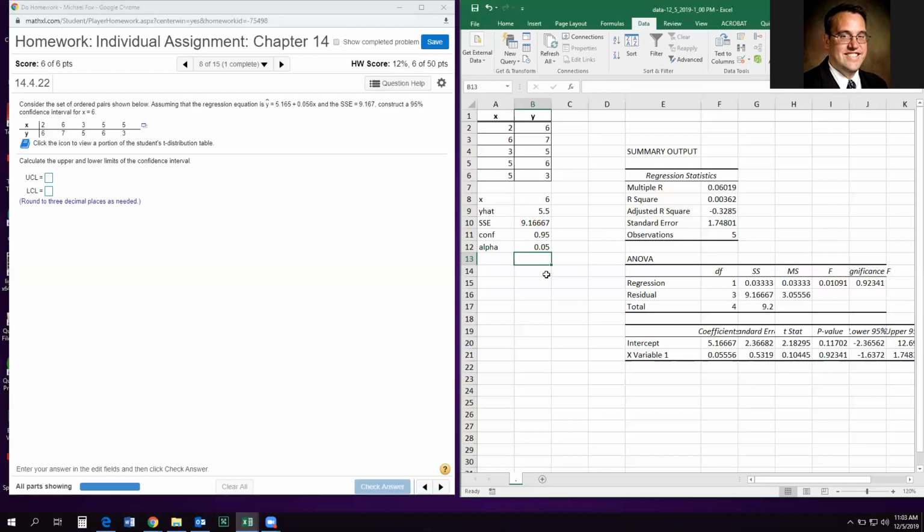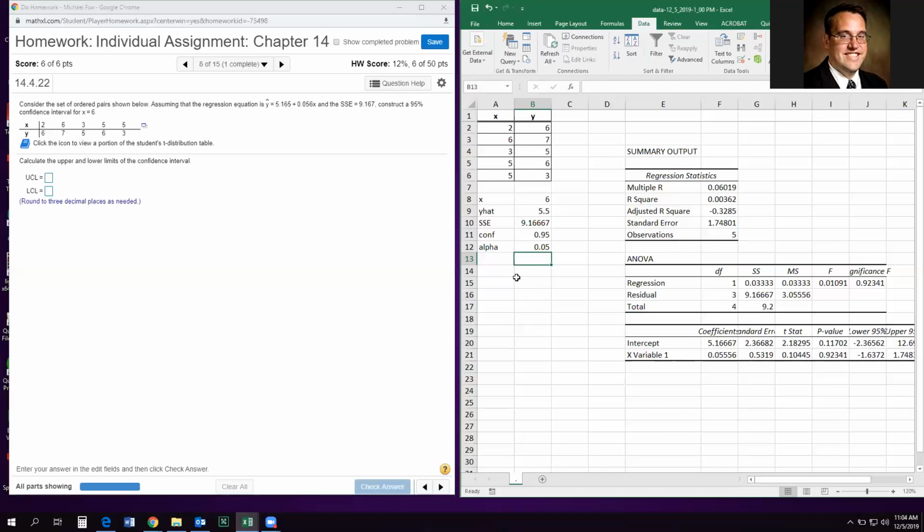So now we're going to have to calculate our confidence interval. And unfortunately, there's a really big, nasty factor in that confidence interval we're going to have to figure out using Excel. And it's super easy to make a mistake because there are so many arguments. So the confidence interval is our y hat, or our predicted value of y, plus or minus our critical t, times our standard error, times this really big factor.